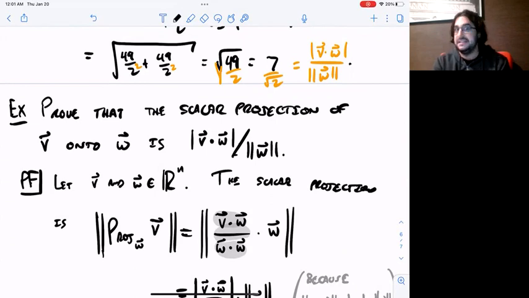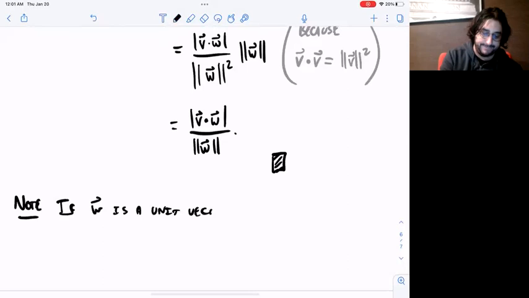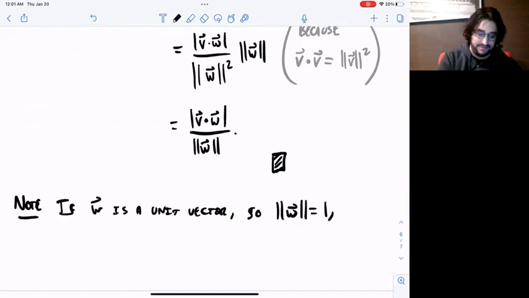So dot product just means scalar projection if w happens to be a unit vector. That's a nice observation, right? So note, if w is a unit vector, saying magnitude of w equals 1, then that denominator disappears, right?